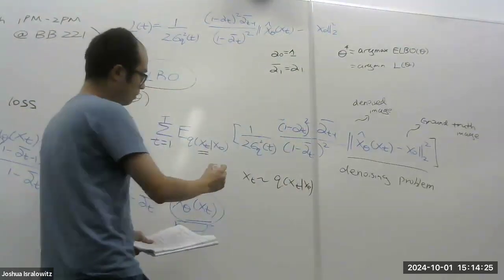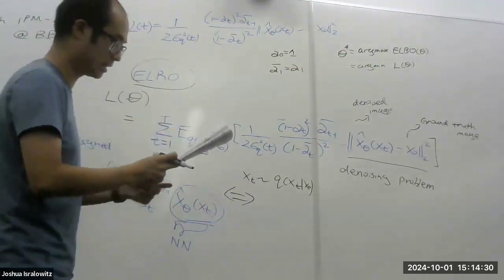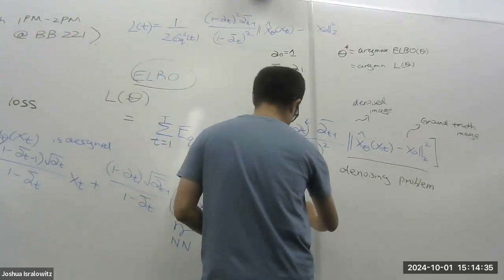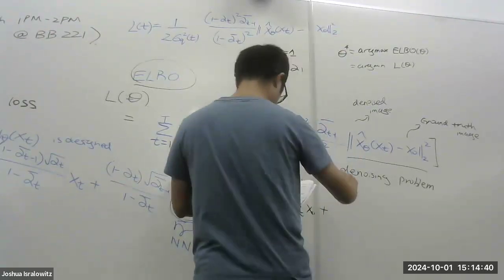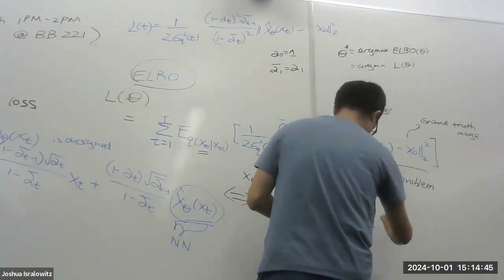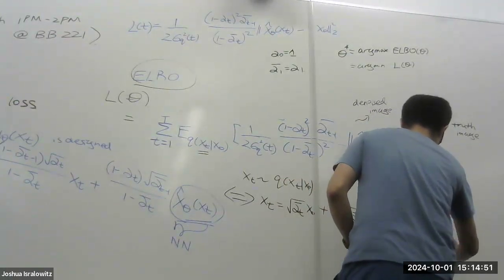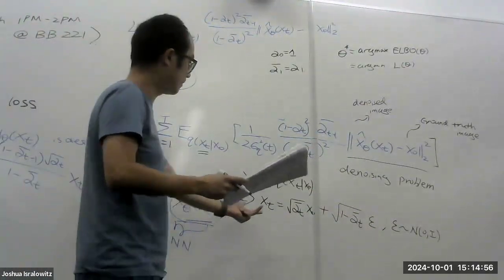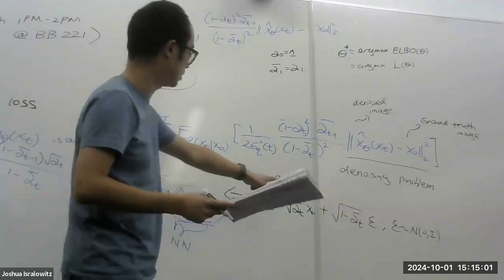In this case, it's equivalent to saying we have to sample this xt in a particular way: square root of alpha t bar times x0 plus square root of 1 minus alpha t bar times epsilon, where epsilon is a standard Gaussian. So this is basically the forward sampling, but this is very cheap, and it is only one step. You can step from x0 to xt.